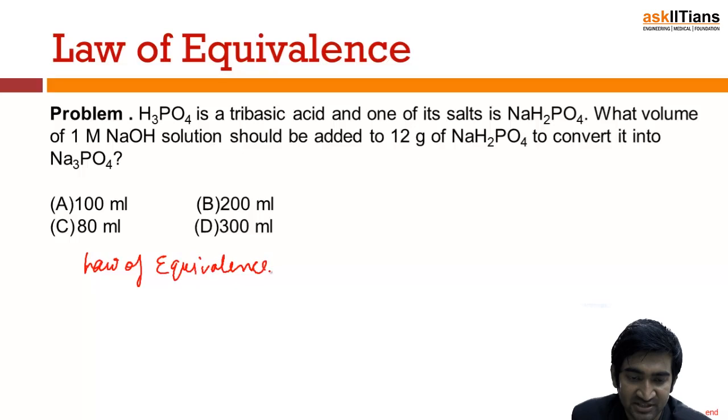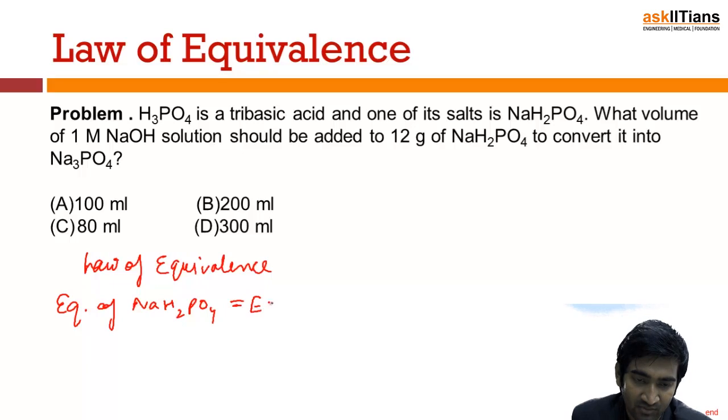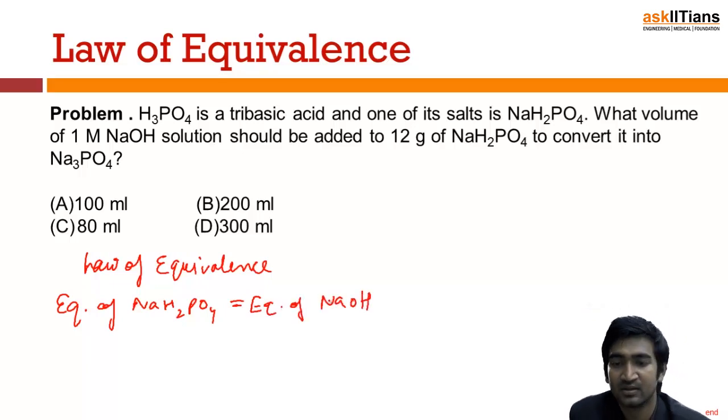The statement was that whenever I obtain the equivalence point, I have to equate them. So the equivalence point will be when the equivalents of NaH2PO4 equal the equivalents of NaOH. Then only I will say that I have obtained my equivalence point.